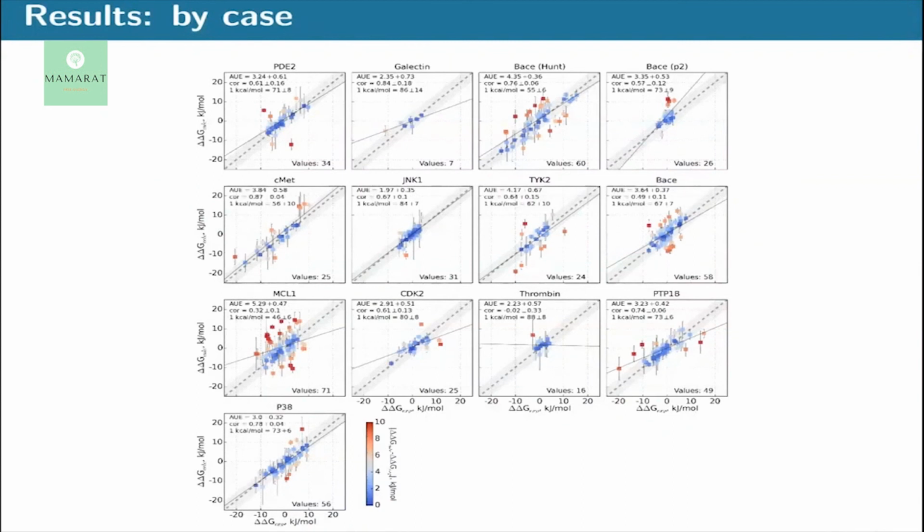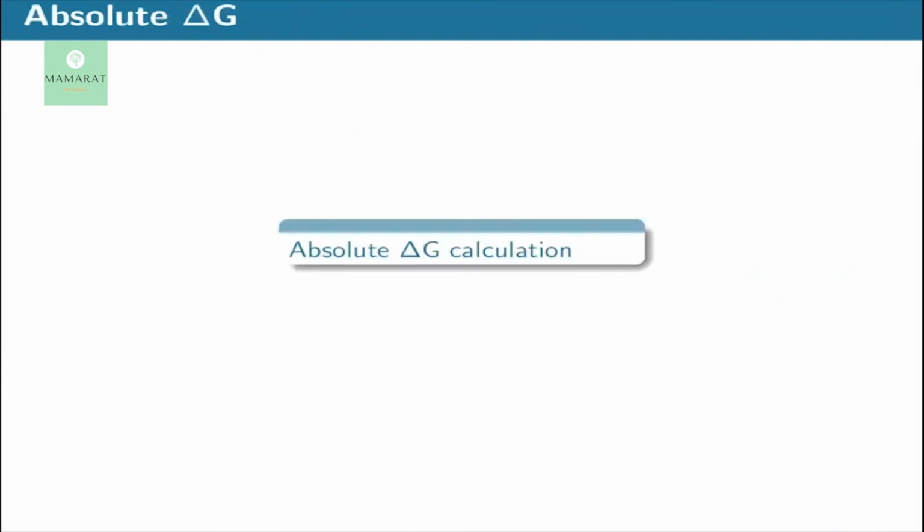We can see that the more red dots there are, the worse the prediction, the worse the calculation accuracy is. And we can see that some systems perform really well, the clouds look very blue there, so we have high accuracy, but it strongly depends on the system.